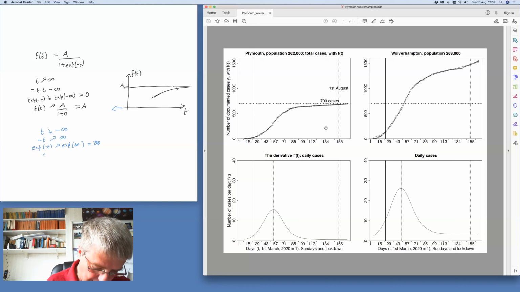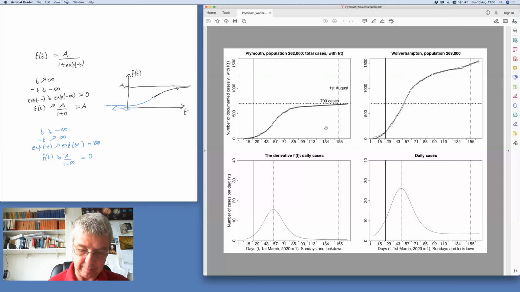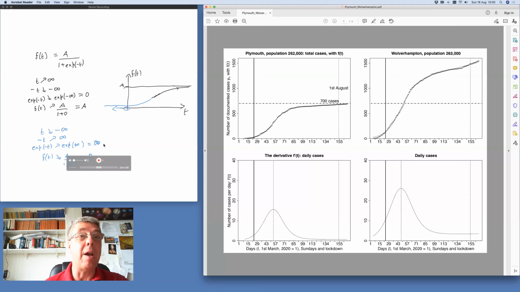So this is telling us that f(t) is tending downwards to a over 1 plus infinity, and that's effectively 0. So as t gets smaller and smaller, this function decreases to the value of 0. And so that seems sensible behavior for the number of documented cases at a particular time.